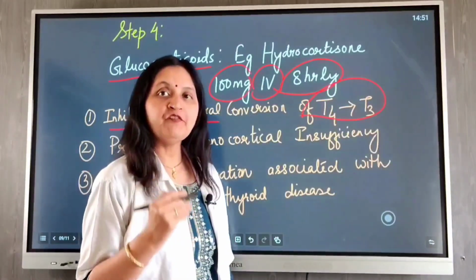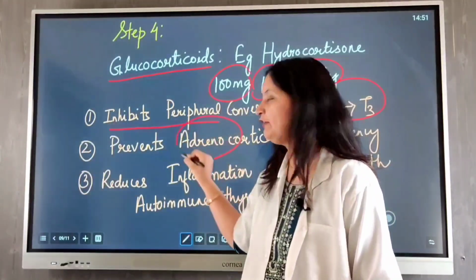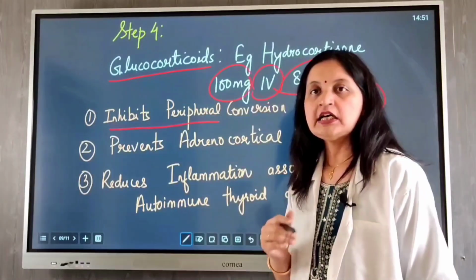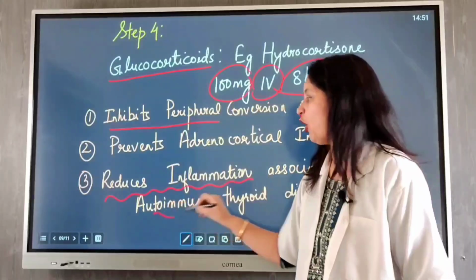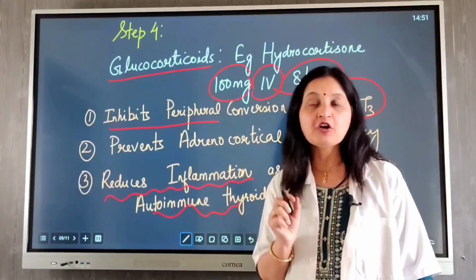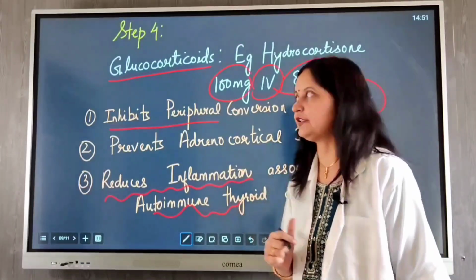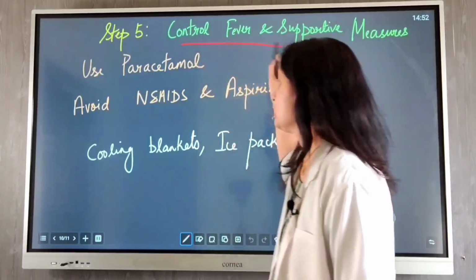Secondly, it also prevents and treats adrenocortical insufficiency. Thirdly, it reduces inflammation that is associated with the autoimmune thyroid gland, particularly in Graves' disease, because of the anti-inflammatory property of glucocorticoids.